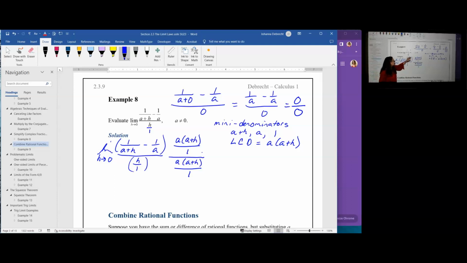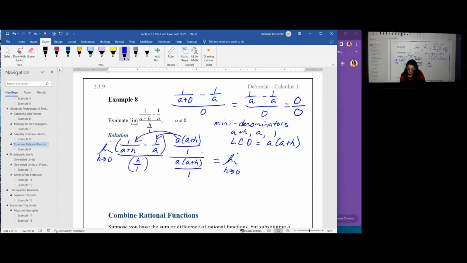I'm going to distribute this over both terms in the numerator and distribute in the denominator. Just as before, I'm going to focus on the part that looks more complicated, which is the top, and I'll leave the bottom factored for now. So this gets distributed here and here.